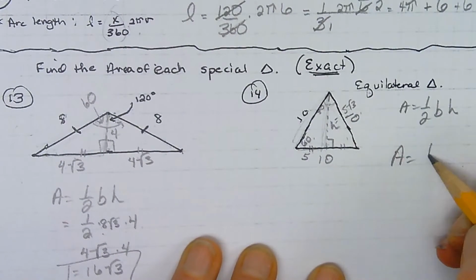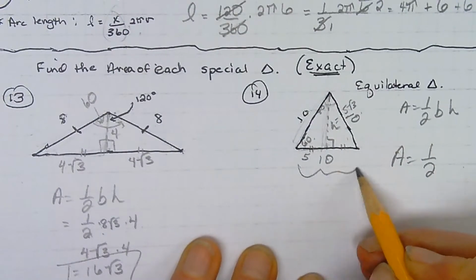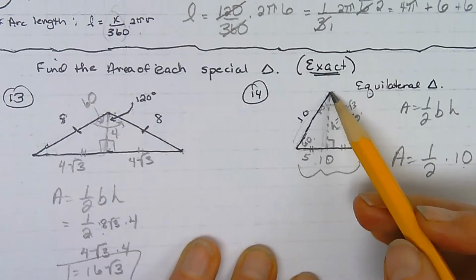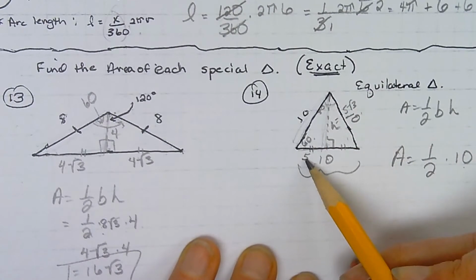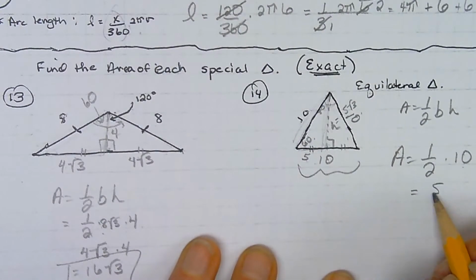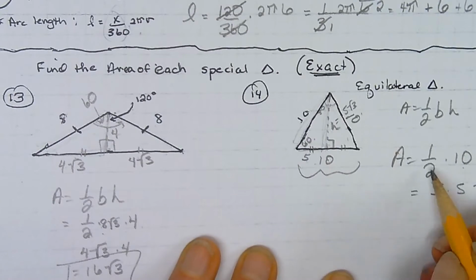The area is equal to 1/2, the base is 10, and the height is 10 divided by 2 times rad 3, 5 rad 3. I'm just multiplying 1/2 times 10.